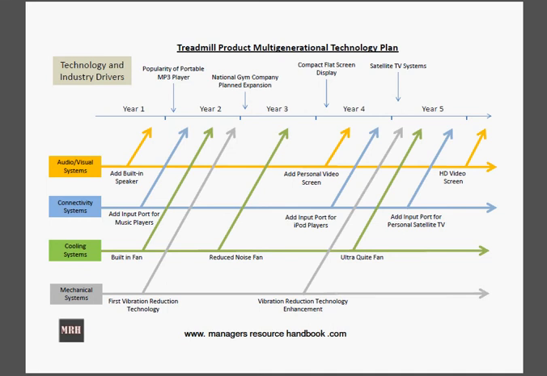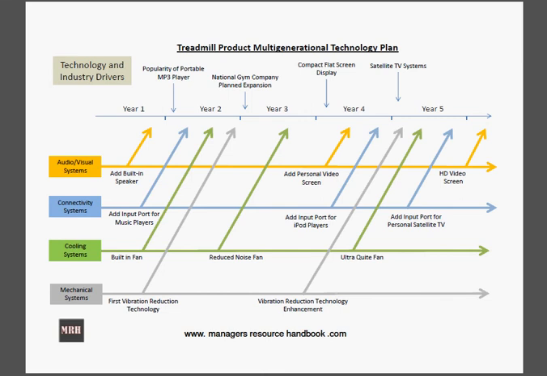The second key piece to a multi-generational technology plan is the technology and industry influence. So perhaps in this case, we have MP3 players became popular in the early 2000s. Maybe there's an industry driver here where the National Gym Company is planning a major expansion, and you want to target that expansion to position your company to have the best products available for them to hopefully select.